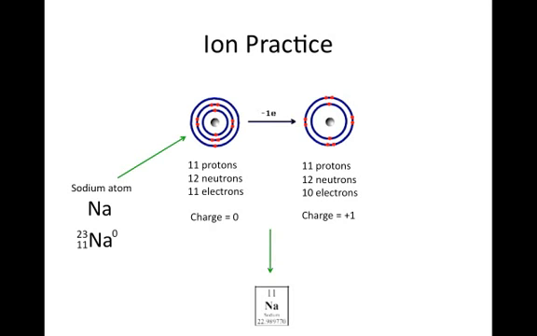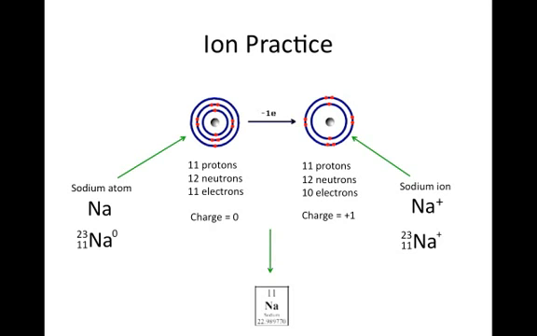The atom on the right-hand side is a sodium ion. We can represent it by writing Na+, which means a sodium ion with a charge of +1, or we can represent it using the notation we saw earlier with the mass number on the top left, the atomic number on the bottom left, and the charge on the top right.